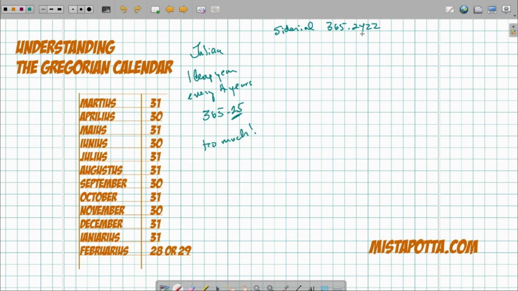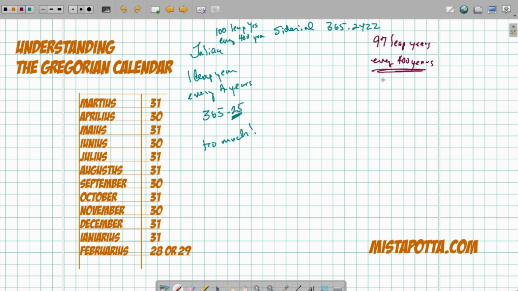So what we need to do is find some way to bring this 0.25 down, and what we're going to do is instead of having 100 leap years every 400 years, we're only going to have 97 leap years every 400 years.